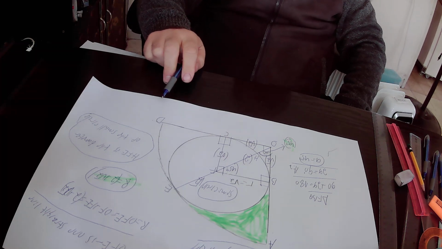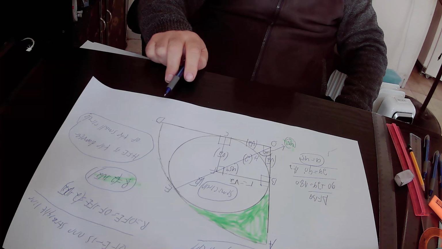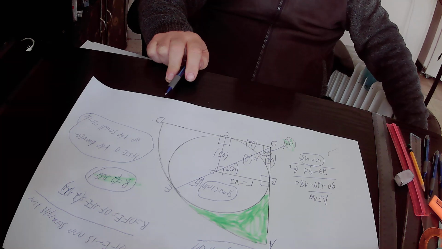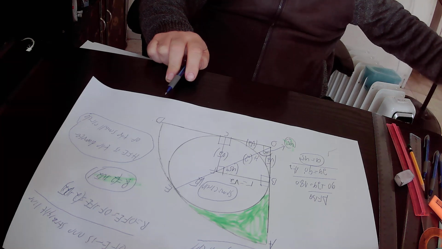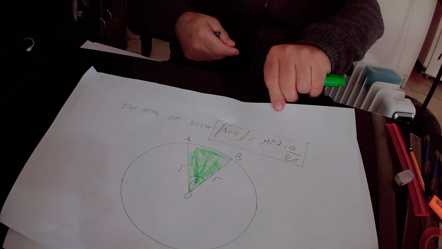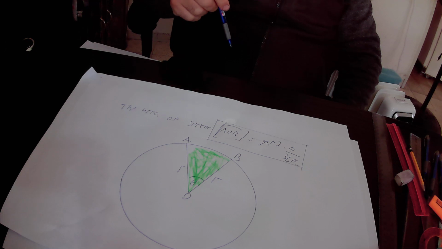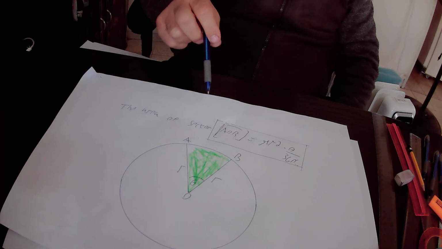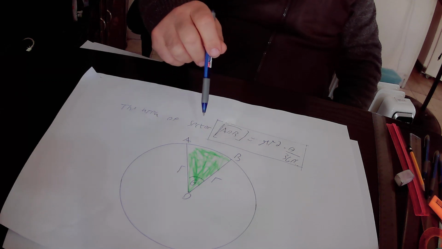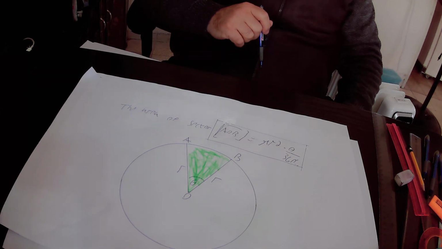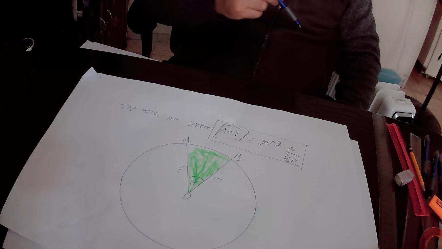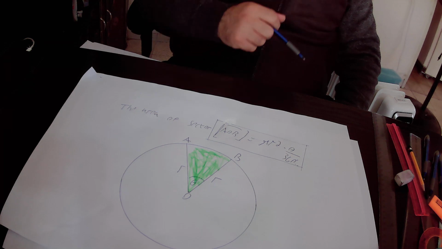In the next step, I will present to you a new notion and we'll implement it in our drawing. What is a sector? Here we have a circle and this green shape AOB is a sector. So a sector is defined as a part of a circle.